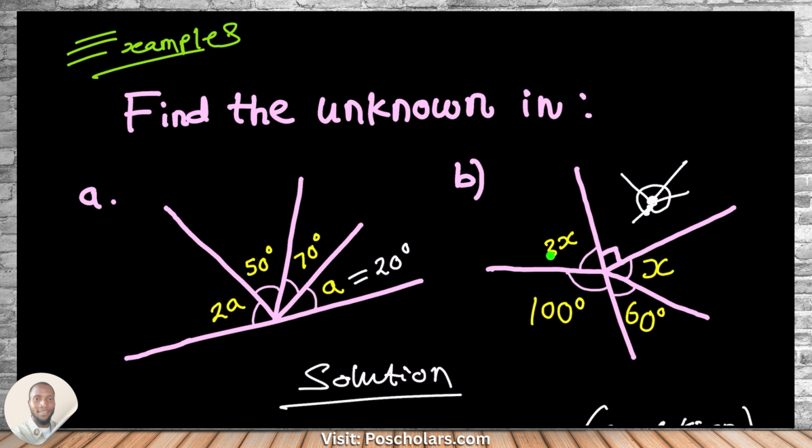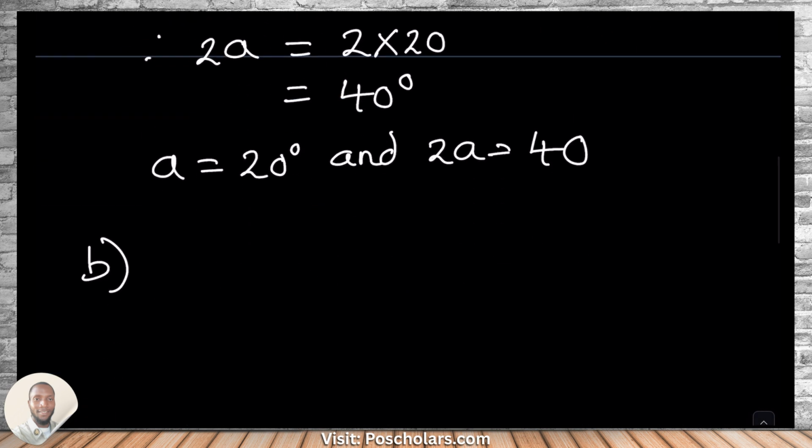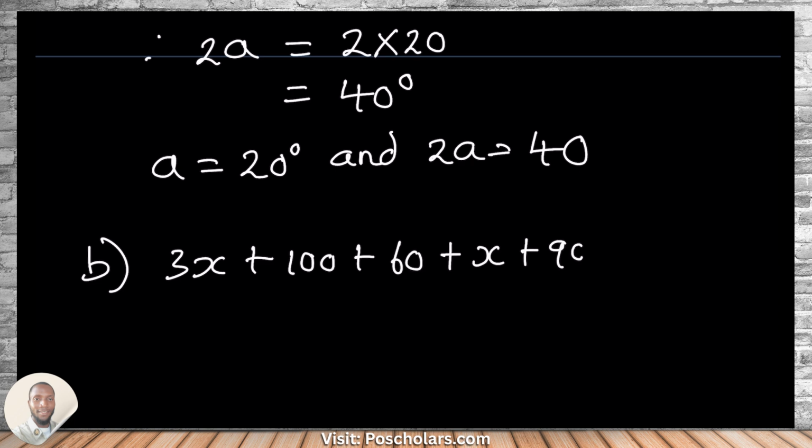So what we need to do is add 3x, 90 degrees, x, 60 and 100, and equate everything to 360 because the sum must be equal to 360. So we have 3x plus 100 plus 60 plus x plus 90 equals 360.